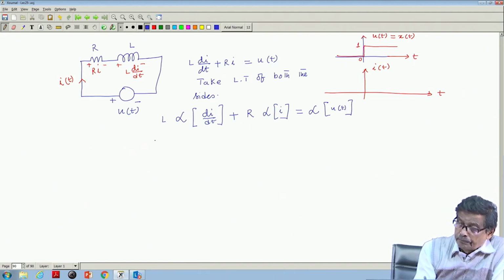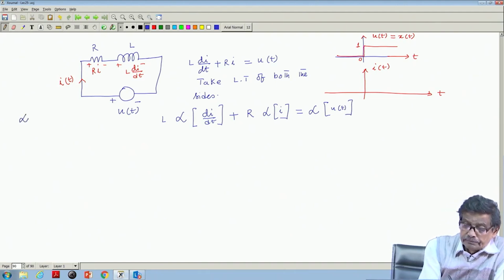Now, let Laplace transform of i(t), which is the unknown which I want to find out, be denoted by this capital letter I(s).